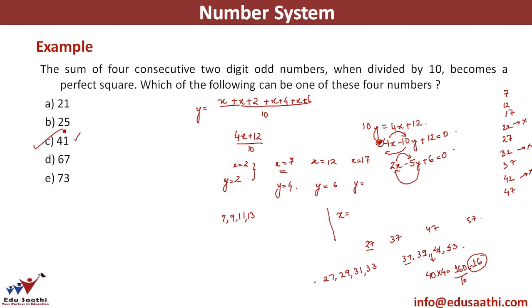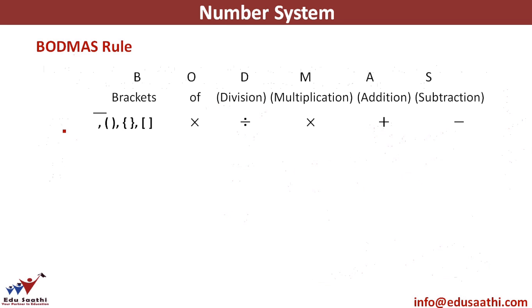This question involves the knowledge of algebra as well. So let's move ahead and let's look at the BODMAS rule that we have. BODMAS, as the rule suggests, first that we'll have to do is work with the brackets. Open up the brackets, then follow the operator which involves division followed by multiplication, addition and subtraction.